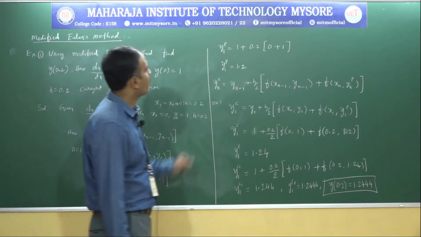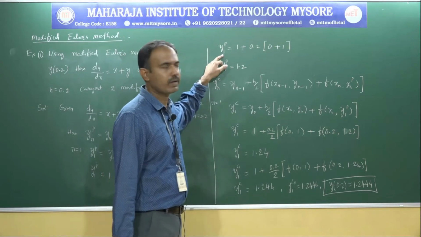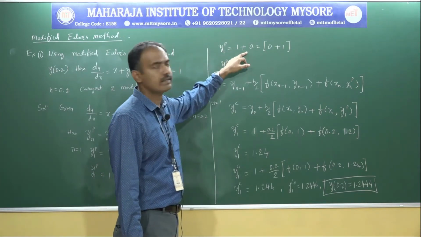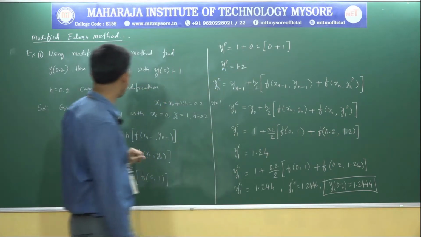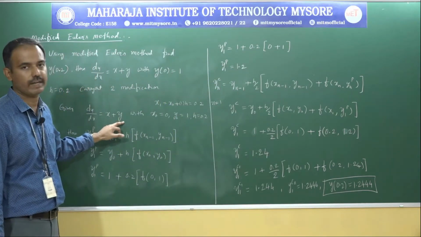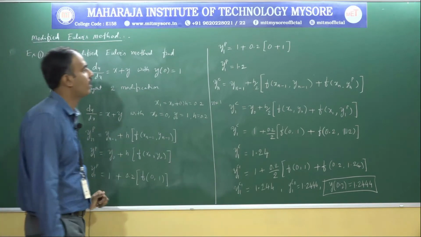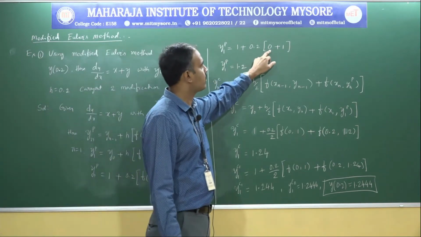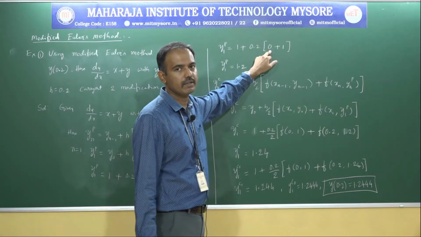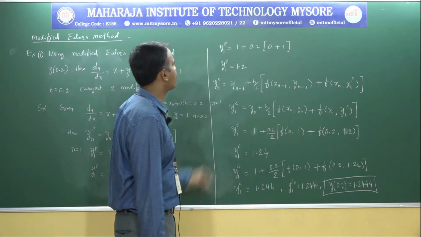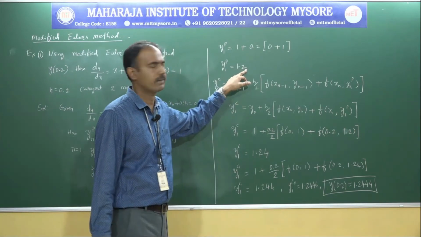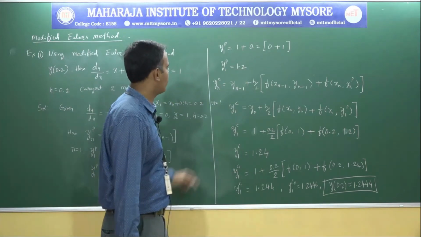So y1p is 1 plus 0.2 times the function, which is x plus y. In place of x we replace x0 and in place of y we replace y0, so 0 plus 1. y1p is equal to 1.2.